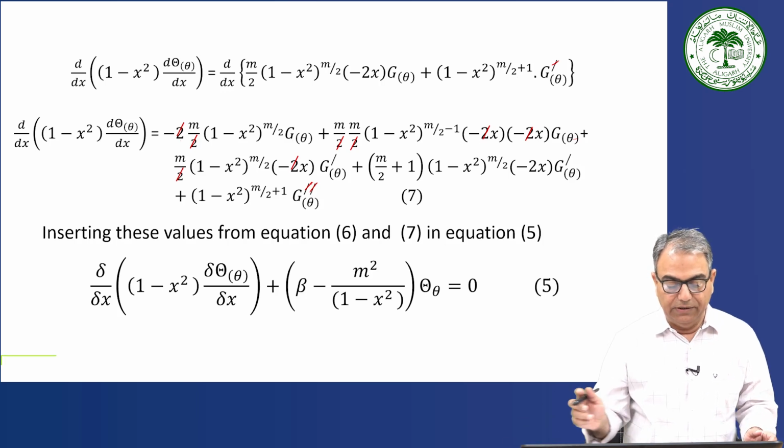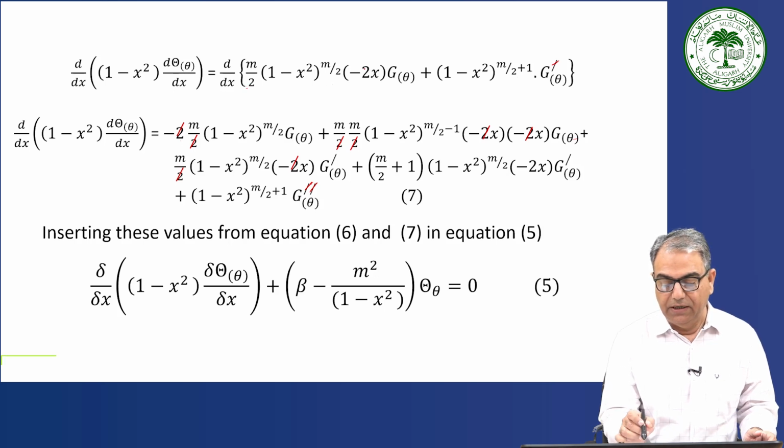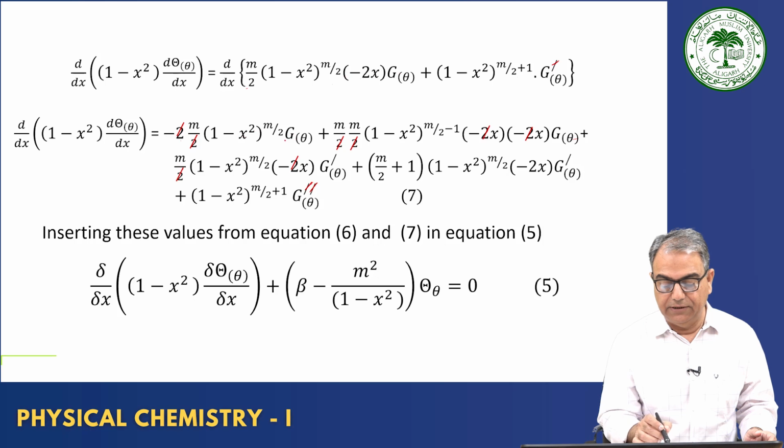So if you are differentiating this part, this minus 2 I have taken here, then 1 minus x square to the power m by 2 and g theta. So what did I differentiate?